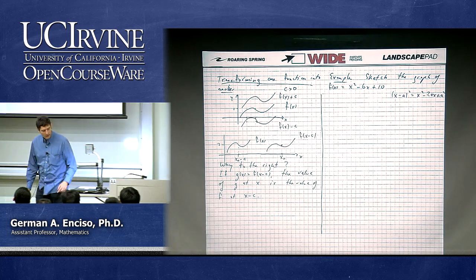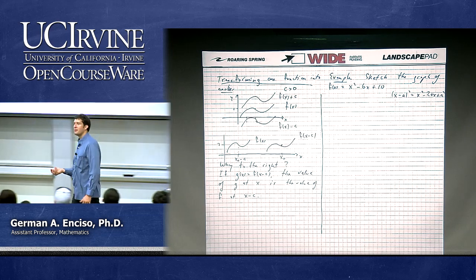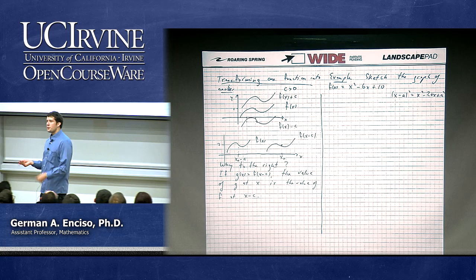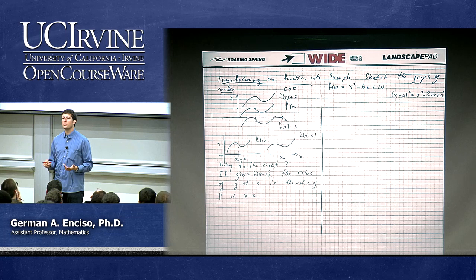If you just look at this, x squared minus 6x, what do you think would be a? 3, right? So you would like to use this formula and factor it out. So x squared minus 3 times 2x.